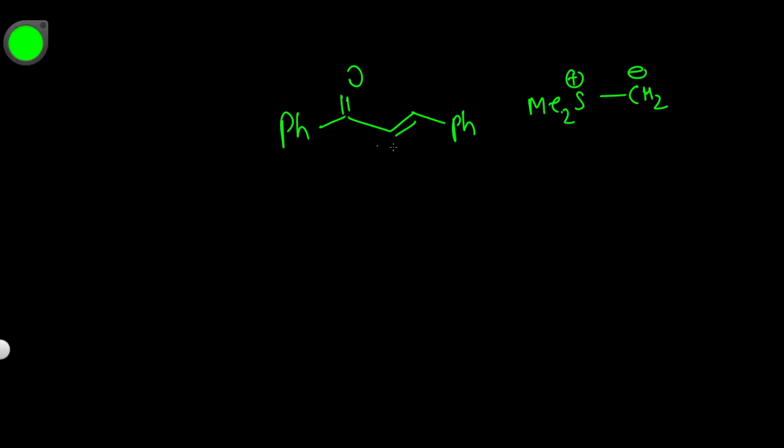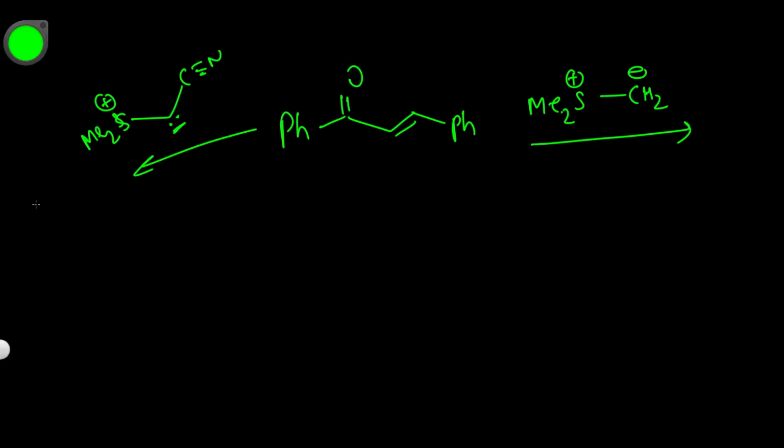So this is our unstable one. And on this side I have taken Me2S with a positive charge, and we have taken cyanide attached here, and this is a negative charge. So this negative charge is more stable in comparison to this negative charge, right?